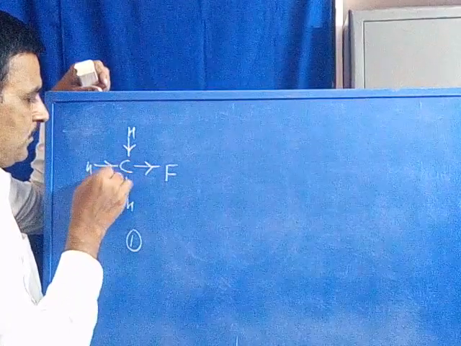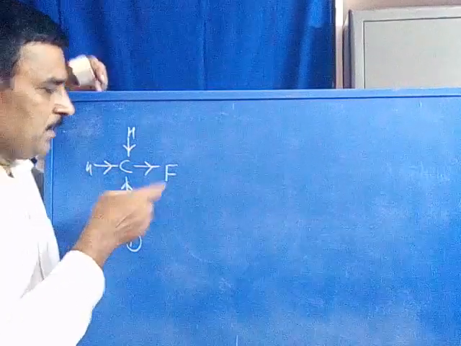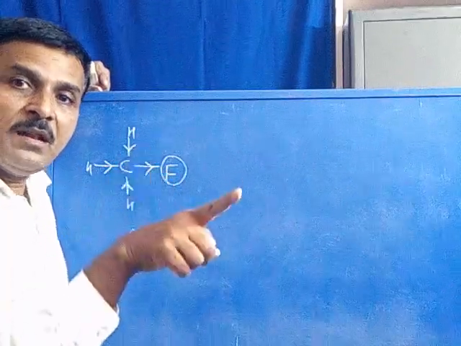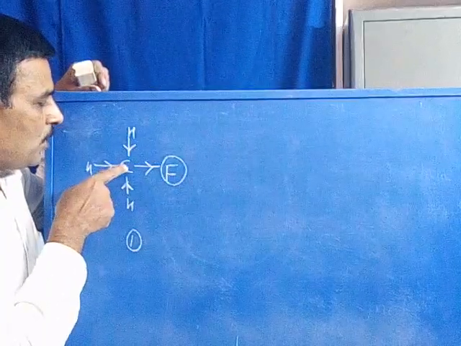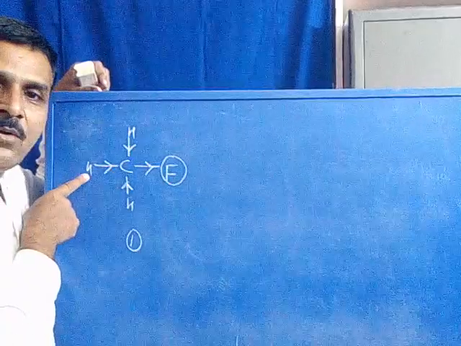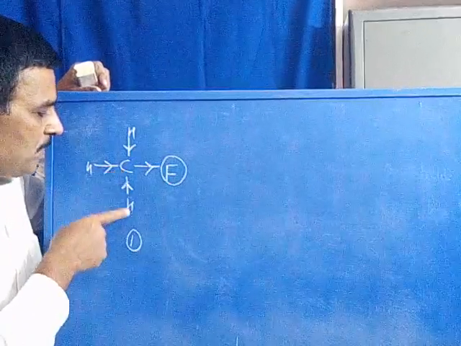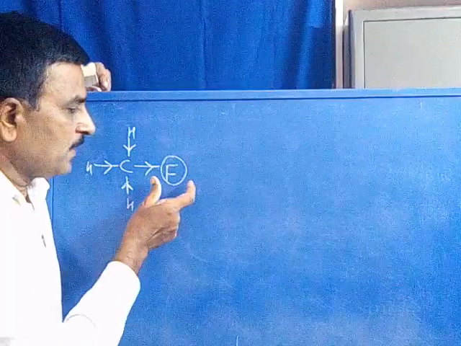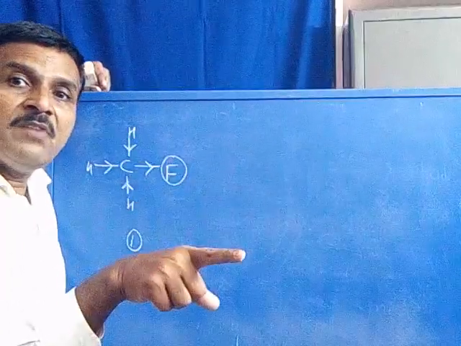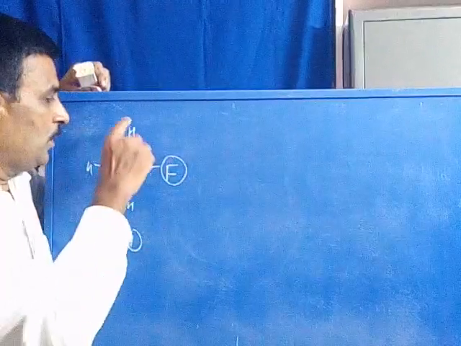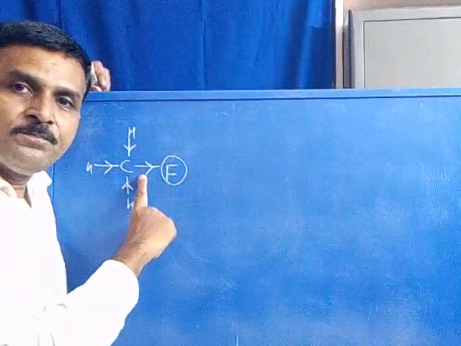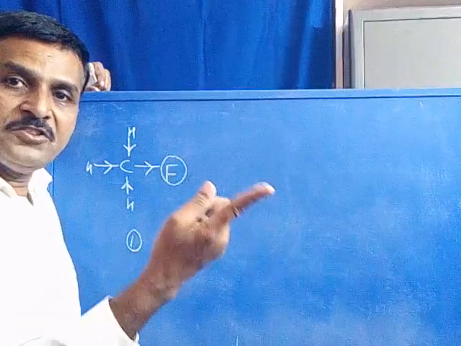Similarly, you can see the inductive effect of fluorine is equal through this carbon-hydrogen, this carbon-hydrogen, and this carbon-hydrogen. Whatever the inductive effect exhibited by the fluorine atom, it is equal in all directions.